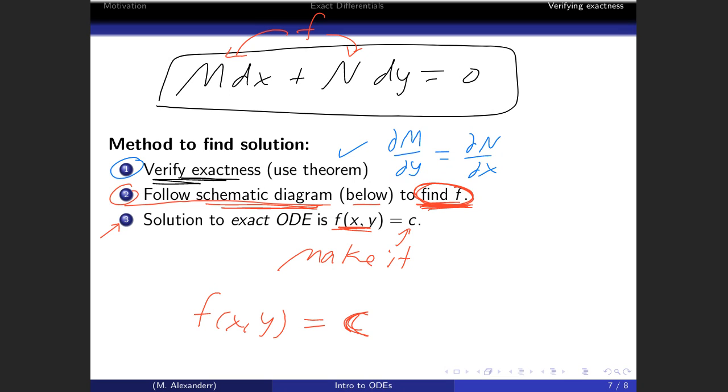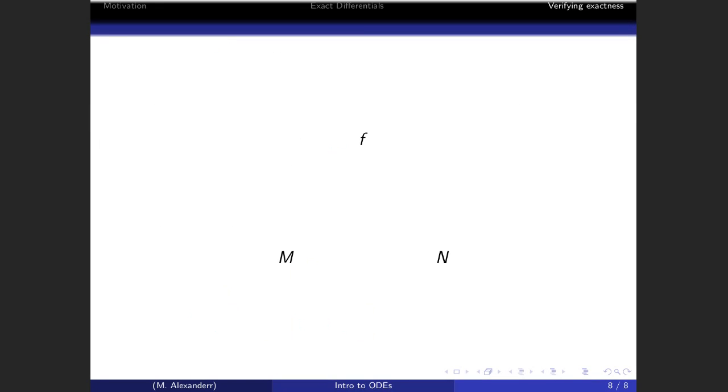But let me go back to step number 2. Step number 2 is telling us how to find the function F. Let me give you the idea here. The differential equation given to us is something like this: M dx plus N dy. What is the first thing that you have to check?